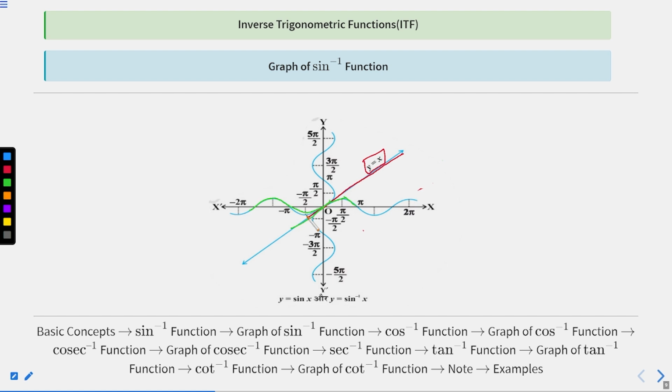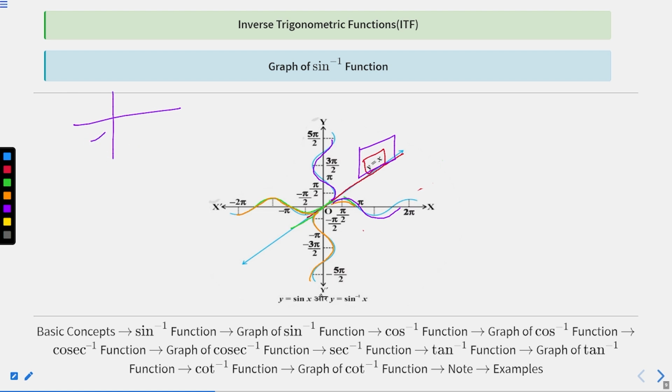You can easily see that while mirroring with respect to this line, you will get this, and for this part you will get this. As you can see, it is quite easy to get the sine inverse function graph this way. Or the other way is this.